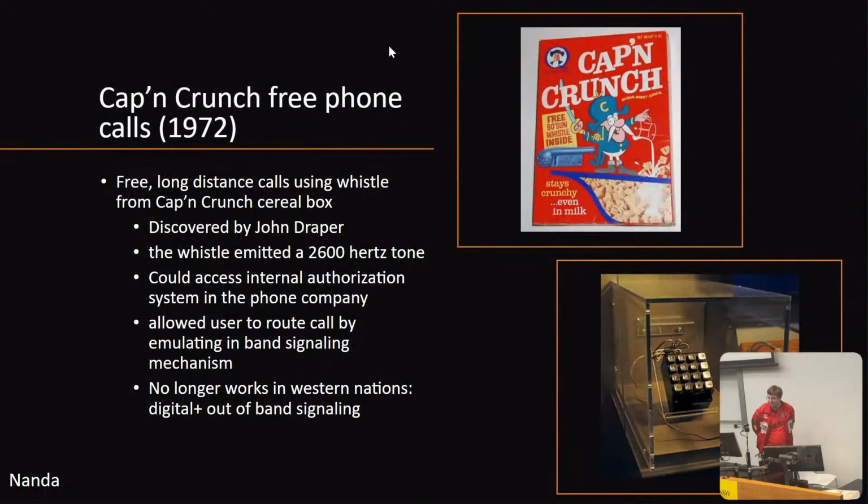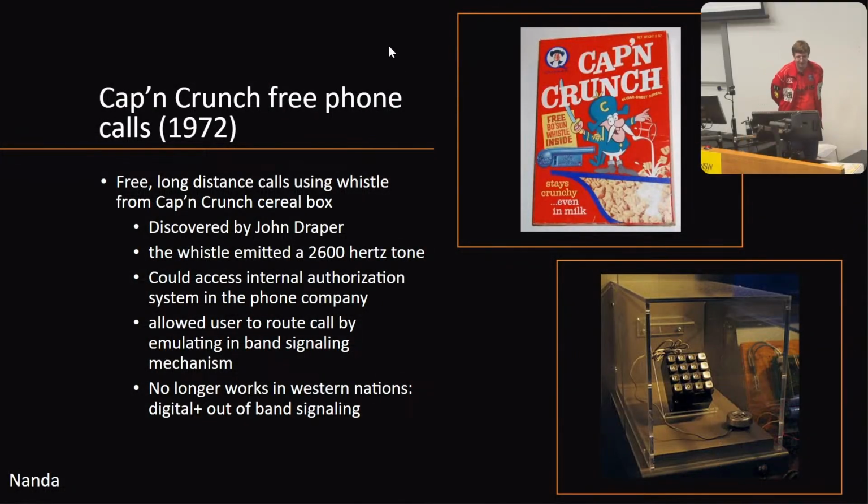This is a very old one. You might have seen this. This was in a movie, I think. Back in the day, telephones would signal using a so-called out-of-band tone, a tone that could not be made from a standard keypad, which would put it into basically maintenance mode.